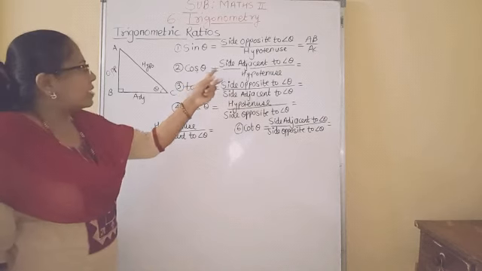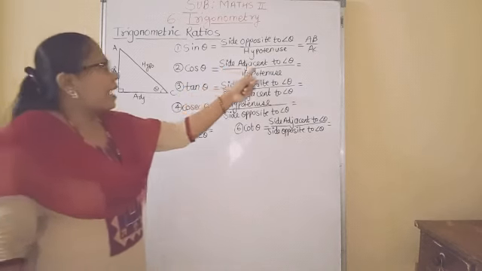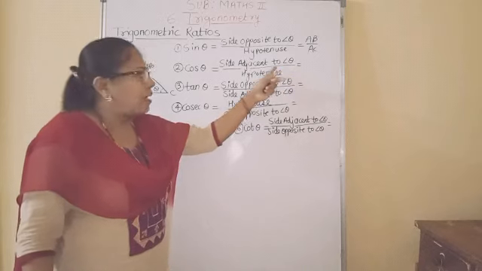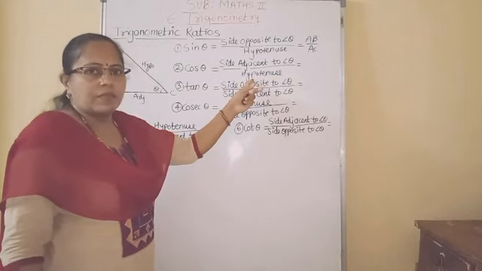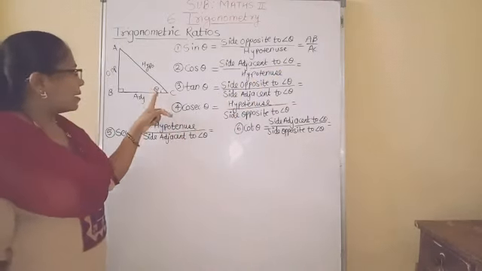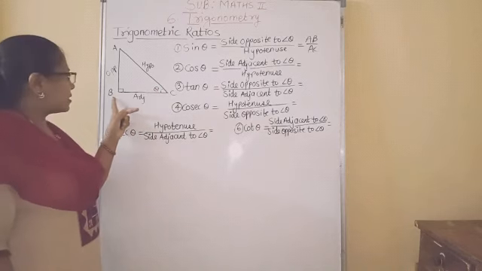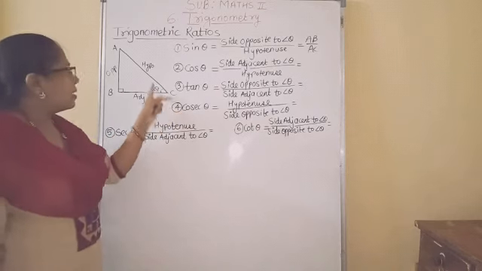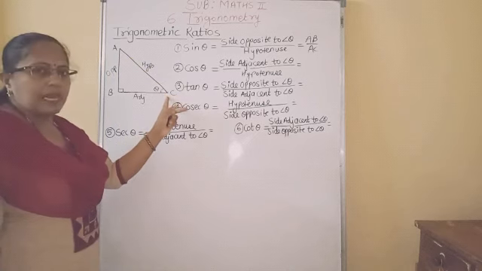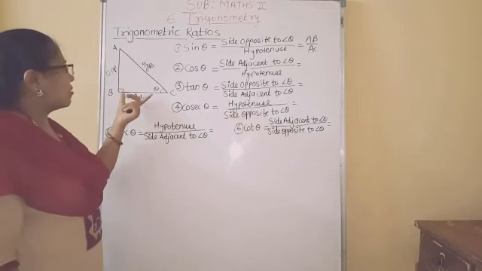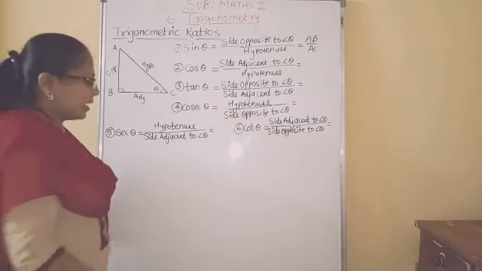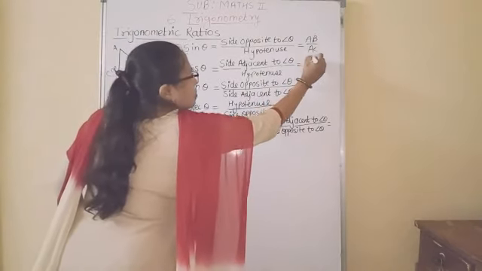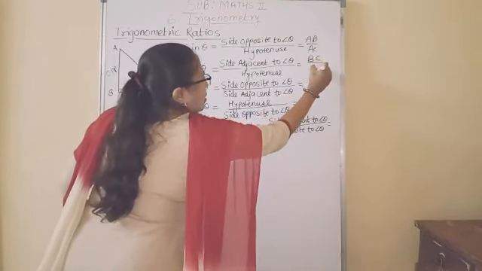The formula for cos theta is side adjacent to angle theta upon hypotenuse. The adjacent side is BC and the hypotenuse is AC. So cos theta is equal to BC upon AC.